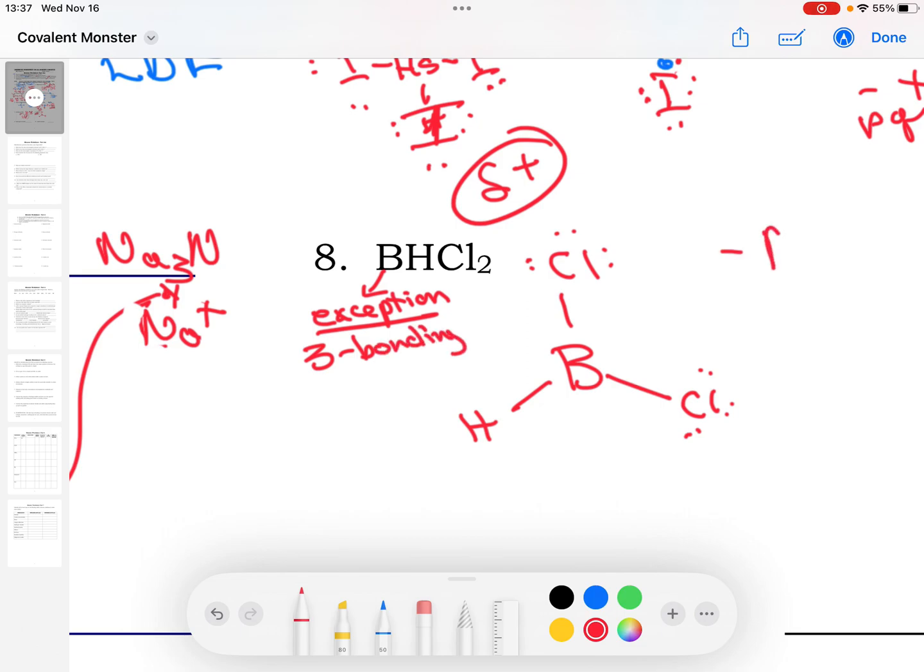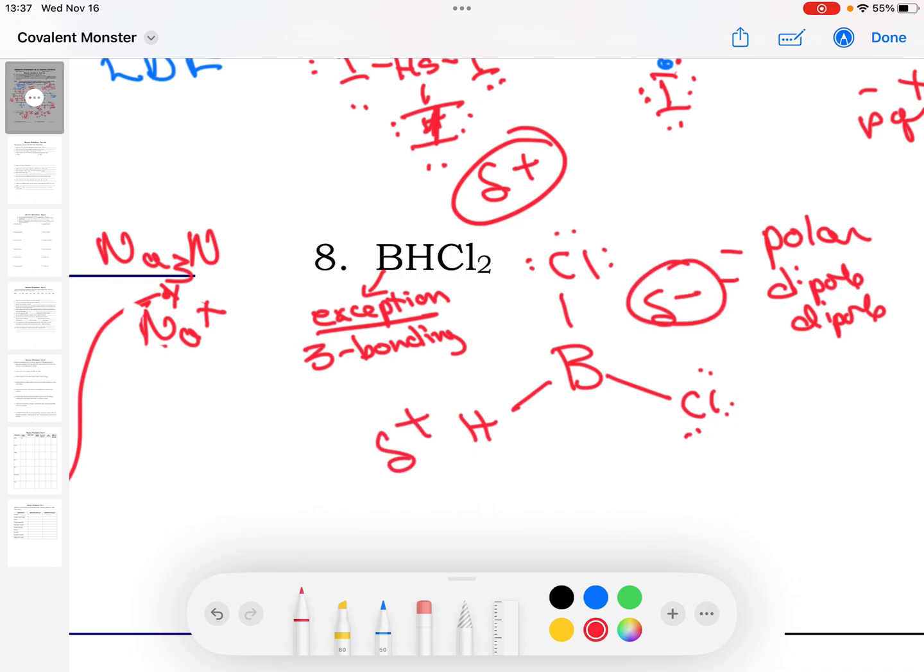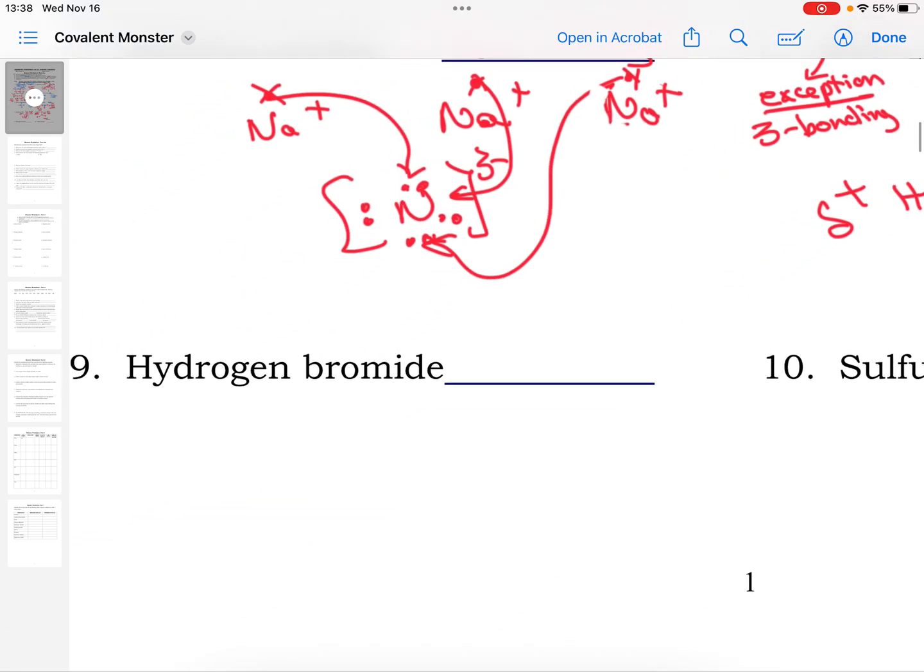This will be polar because it's not the same thing attached to each one. This is not hydrogen bonding, so it'll be dipole-dipole. This will be my delta minus end. This will be my delta plus end. What else? Oh, my shape will be trigonal planar. You should be able to look all these things up on your sheets.